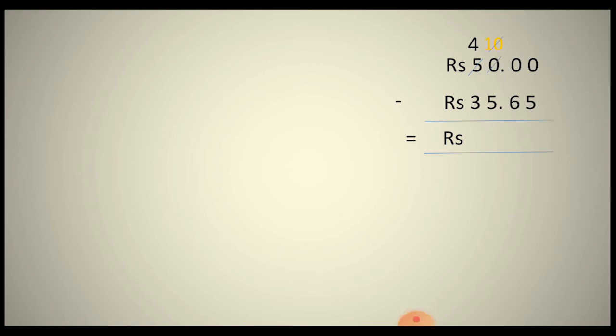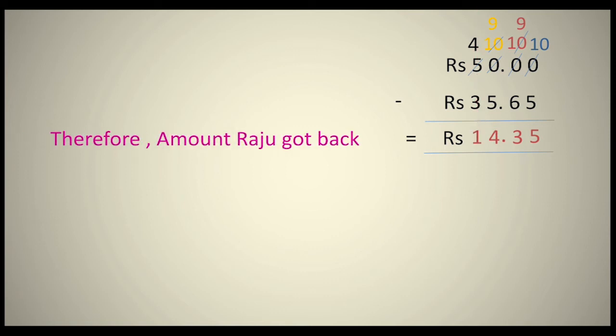Now this 10 will get reduced to 9, and the previous digit in the 10th part will become 10 here, and again this 10 will get reduced to 9, and the digit in the 100th part which is 0, it will become 10. So now 10 minus 5 will get here 5, then 9 minus 6 will give us 3, decimal will be brought down, and then 9 minus 5 will get 4, 4 minus 3 will get 1. So you can see here, therefore the amount Raju got back is equal to rupees 14.35.